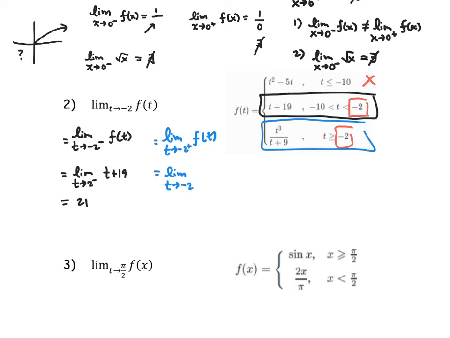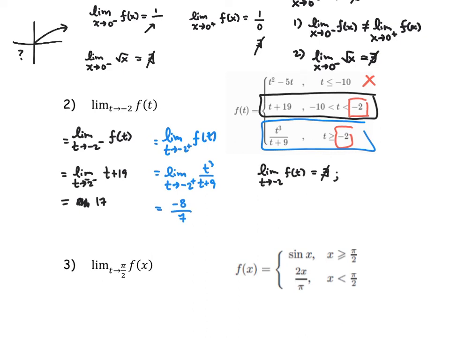Ooh, I'm sorry, it was supposed to be a -2. From the left, so this would have been a 17. Messed that one up. All right, of t cubed over t plus 9. So if I plug in a -2, I'm going to get -8 over 7.